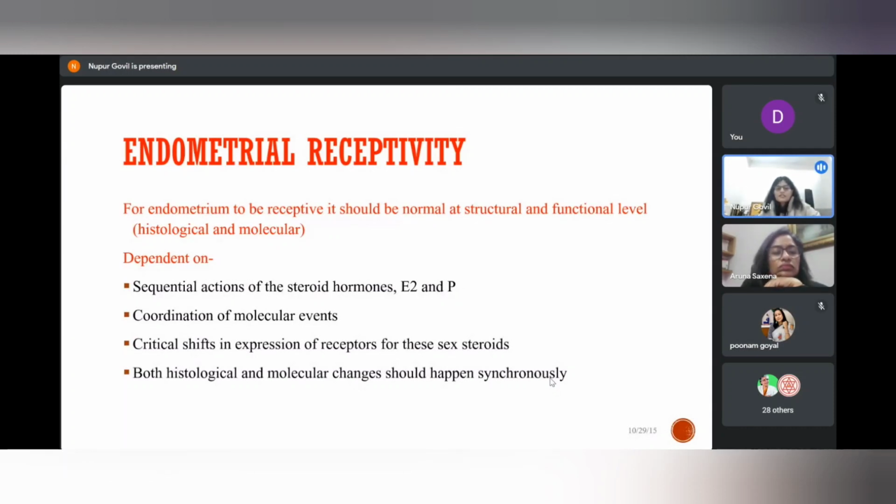It is dependent upon the sequential action of estrogen and progesterone, and there is a coordination of molecular events. They have to happen in a proper chronological manner. There has to be a particular, what we call dating, in histology. It has to happen in a coordinated manner, one after another. The shifting of the timing is very important in this. The critical shift in expression of the receptors is very important, and they should both happen synchronously.